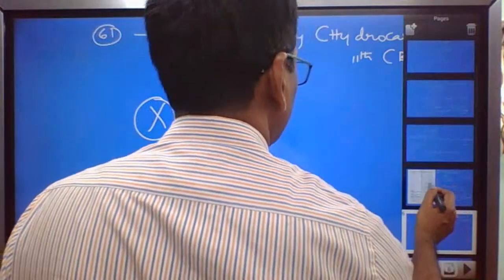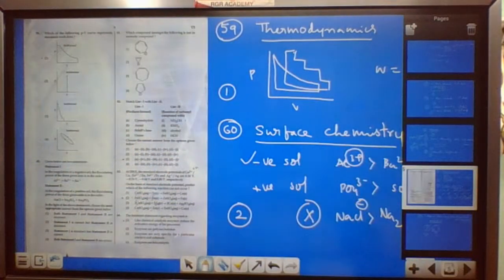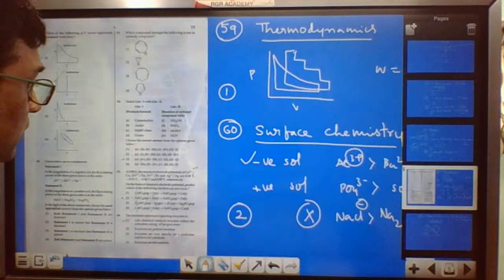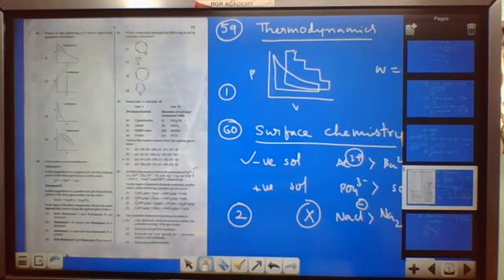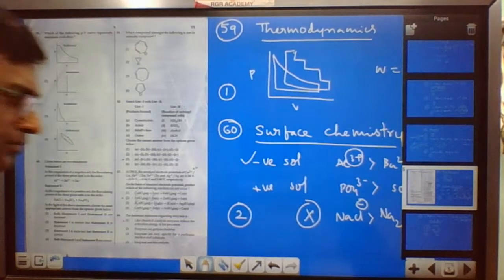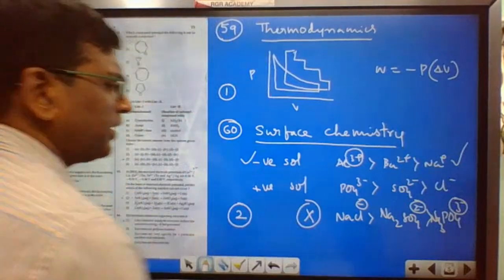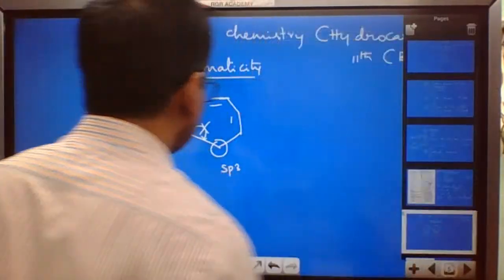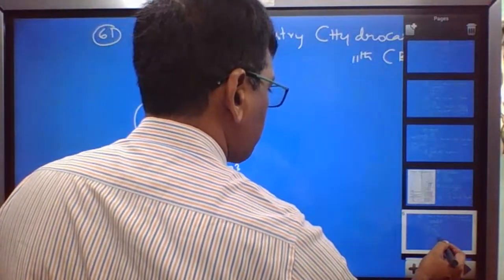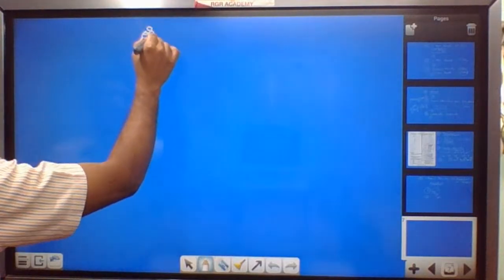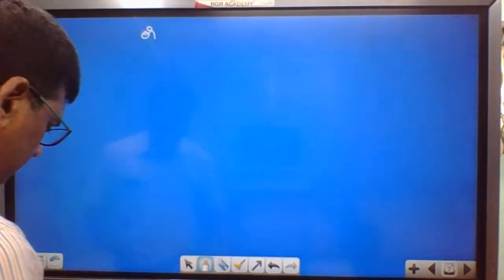Let us go to the next question. Next question, 62, matching. This is also given from organic chemistry. It's quite interesting. Products formed: cyanohydrin, acetal, Schiff base, oxime. Reaction of a carbonyl compound with HCN, NH4OH, RNH2, alcohol, HCl. This is a very important concept which we discussed in aldehydes and ketones.